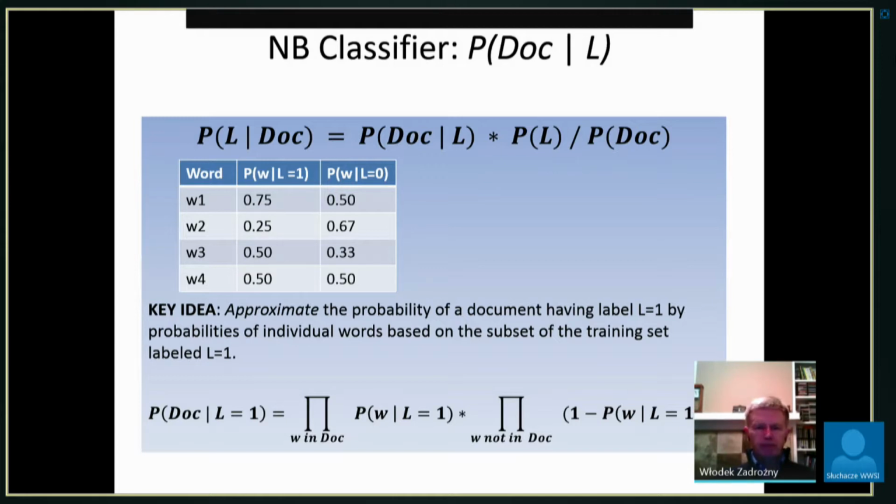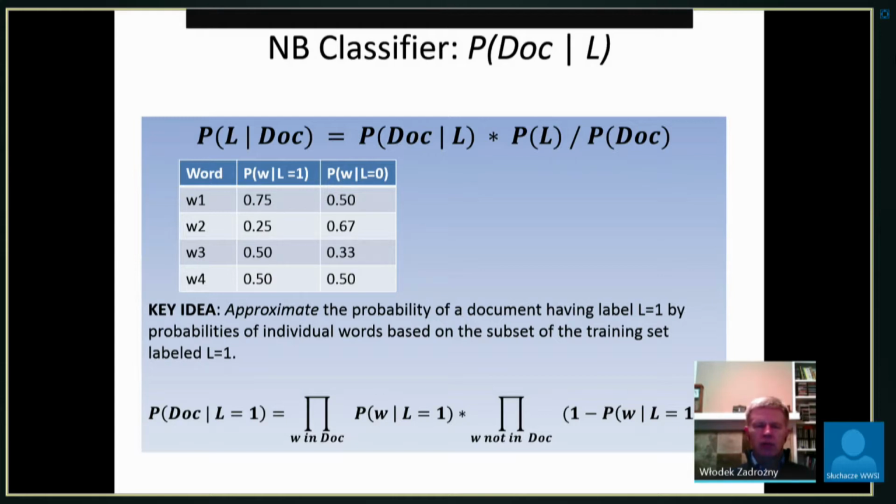So we have the probability of word given label 1 and the probability of word given label 0 in this table at the upper half of the slide.